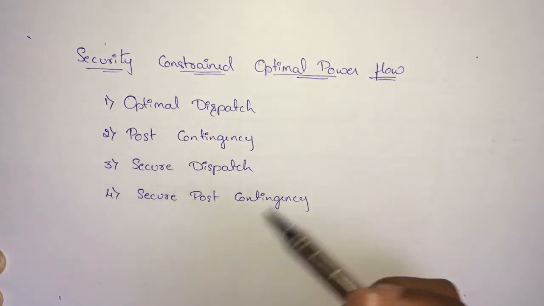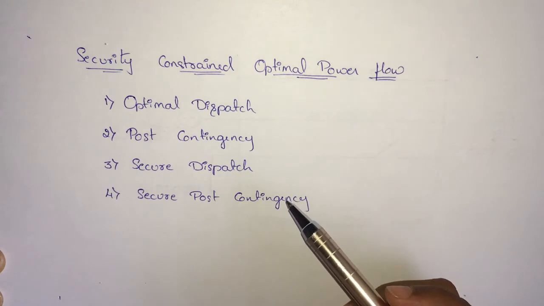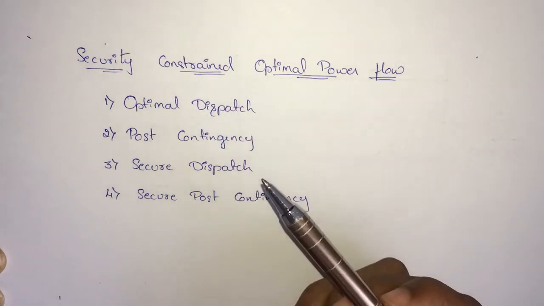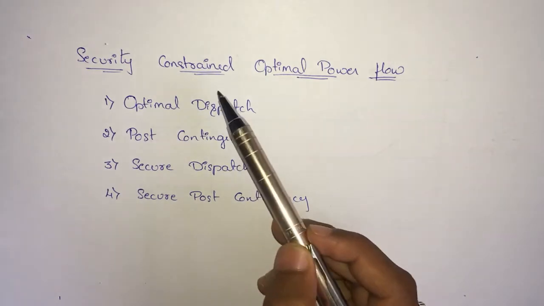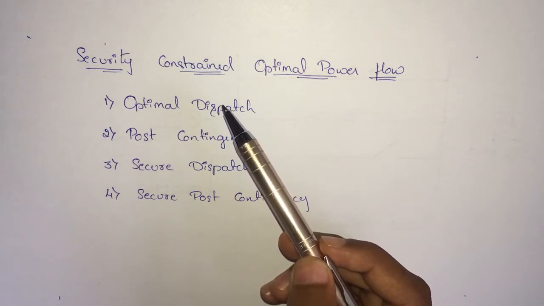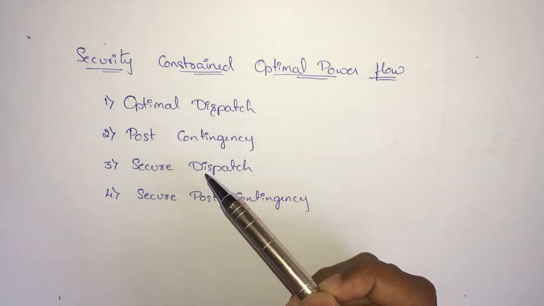Before we move on to the actual four states, we need to know what a constraint is and what a contingency is. Constraints are the conditions that we impose before considering any events, and a contingency is an event or a fault that may or may not occur.